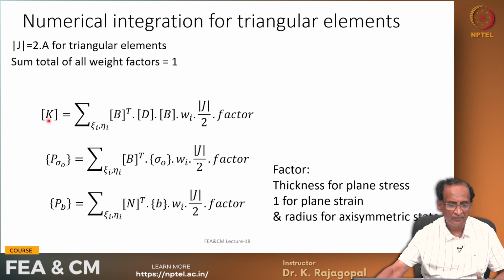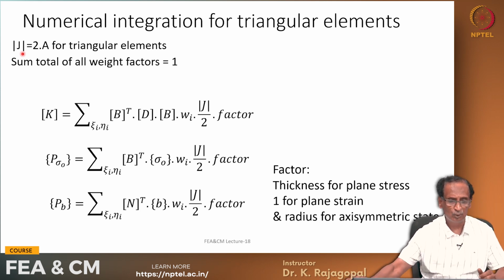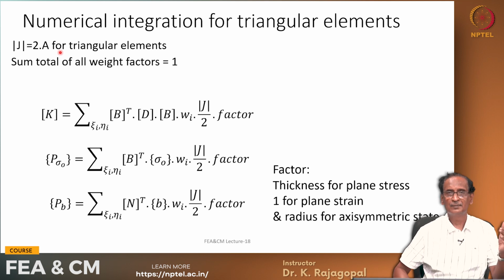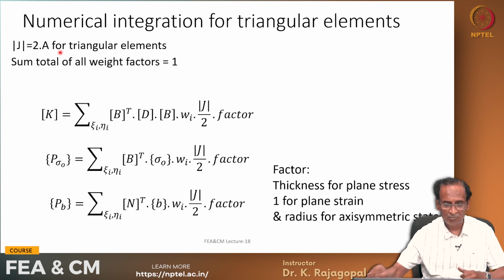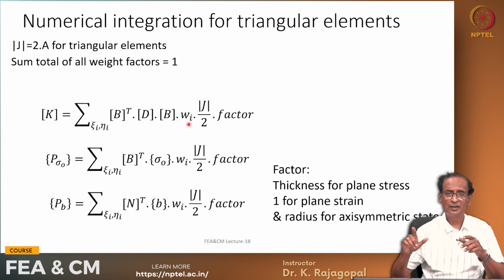And our equations for triangular elements are written like this, and the determinant of the Jacobian matrix for triangular elements is 2 times the area, 2a. Okay. Whereas for quadrilaterals the determinant is a by 4. Okay. And so our stiffness matrix is written like this: B transpose dB Wi, because now we are not independently doing in xi and eta directions.